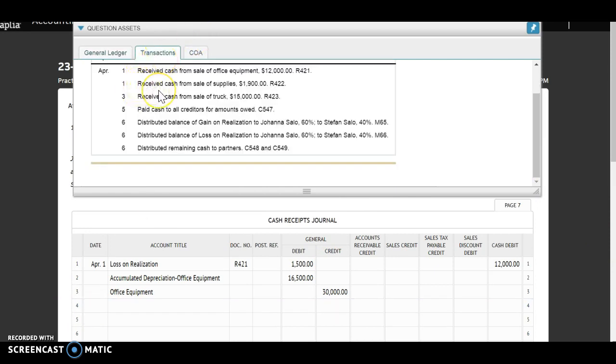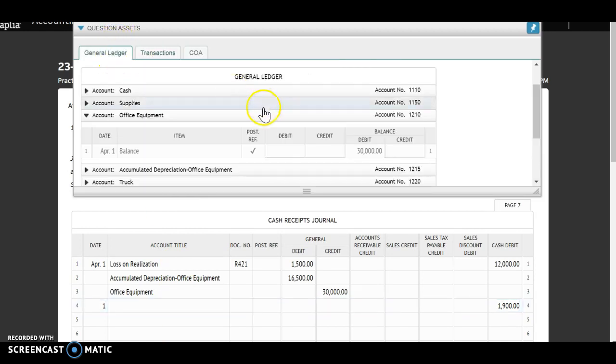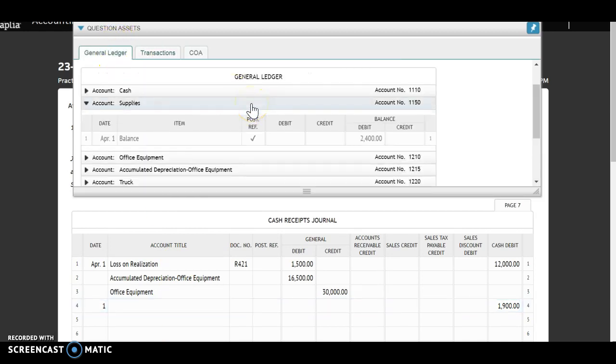The next one on the first, it says we received cash for the sale of supplies. So again, I'm going to put in my date first. I'm also going to put in my cash debit. I'm receiving $1,900. Okay, I need to go to my general ledger and look at my supplies account.